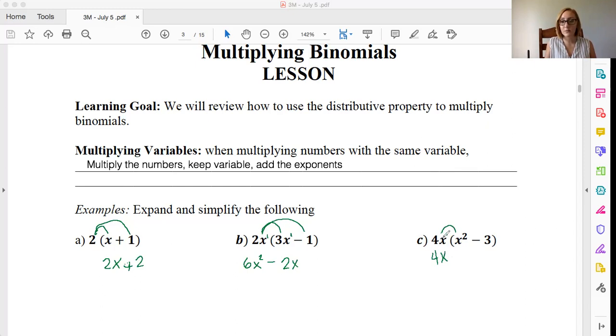Again, there's an invisible 1 there, so you do 1 plus 2, and it will be to the exponent 3. Same with this one: minus, so 4 times 3 is 12, and then just x. Make sure to write that down.